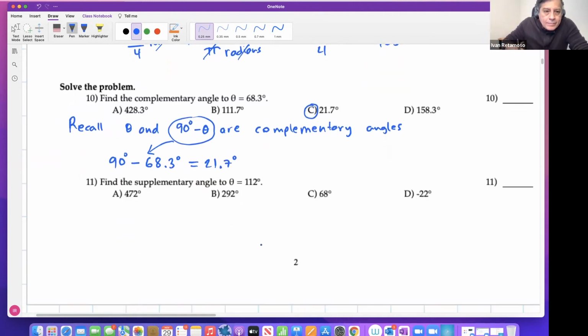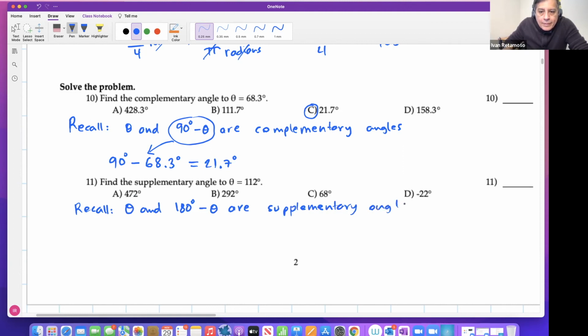Supplementary angle. For supplementary angle, you must recall that theta and 180 degrees minus theta are supplementary angles, right?